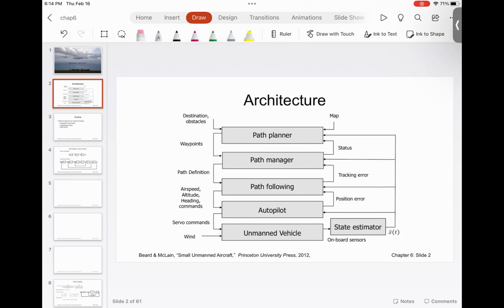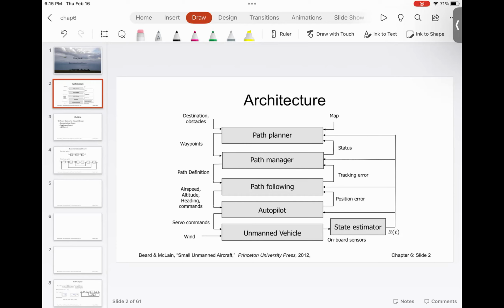The path following will make sure that that teeny tiny piece of trajectory between two waypoints is followed, and then the autopilot will make sure that the sensors on board stabilize the aircraft and follow airspeed, altitude, and heading, so that the aircraft can go from the first waypoint to the second, second to third, third to fourth, and follow this sequentially. The next step is obstacle avoidance.